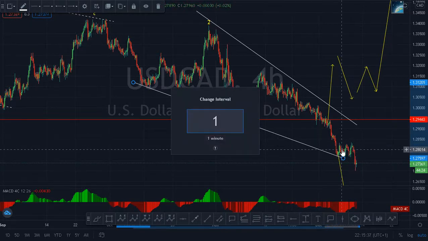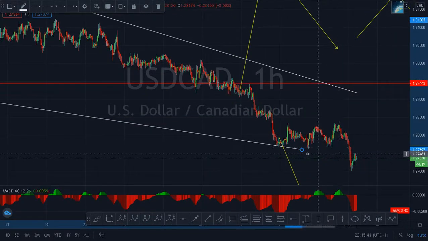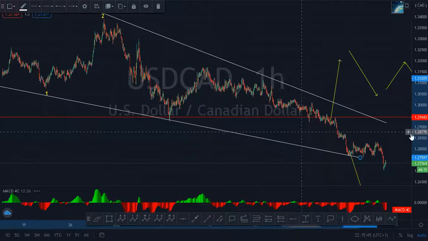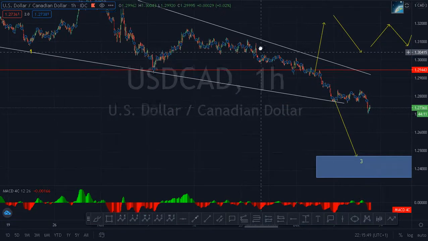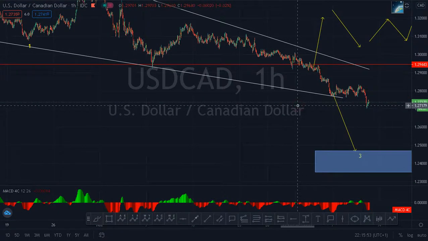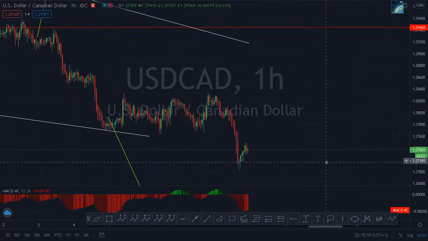I think I'll go to 1 hour again to see if I see something different. On 1 hour, nothing different. They are all pointing downwards, so there's no difference on 1 hour. Let me zoom the candle.